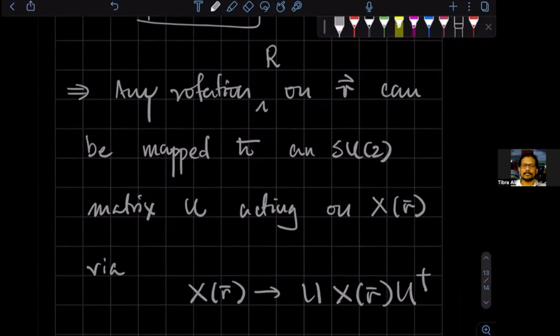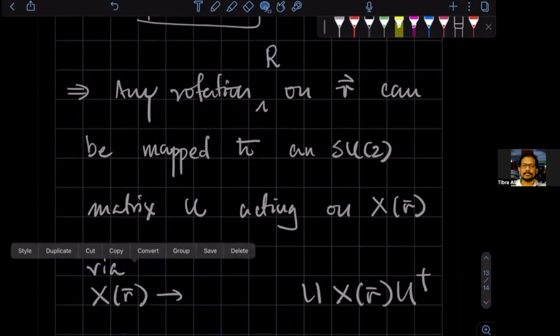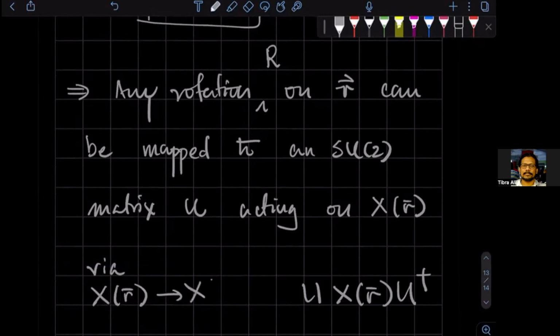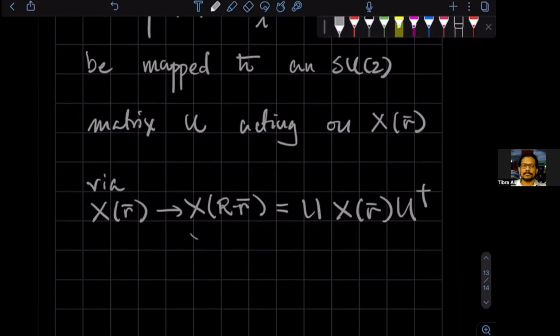Okay, so we can write this a little bit more technically, more explicitly. So X of R goes to X of the rotation matrix acting on R equals this. So this is the homomorphism. We have not made it very explicit, but this is essentially the homomorphism between R and U, or more precisely SU2.